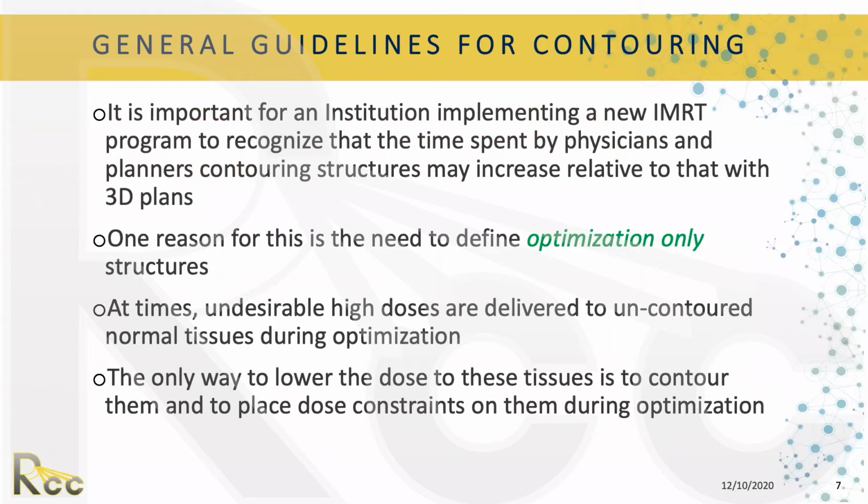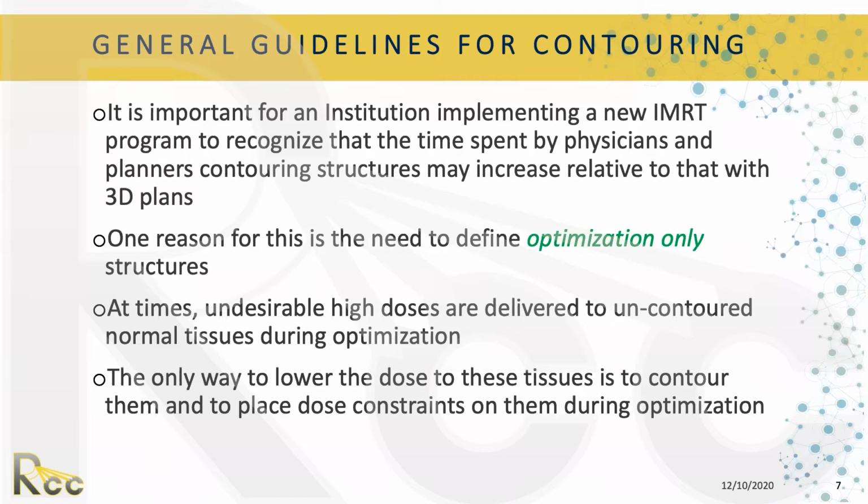It's very important, when you're implementing a new IMRT program in your institution, to recognize that not only physicists but all the physicians are going to be spending more time contouring than you were used to in 3D. One reason for this is, as I said before, that you need to define a lot of these optimization-only contours.